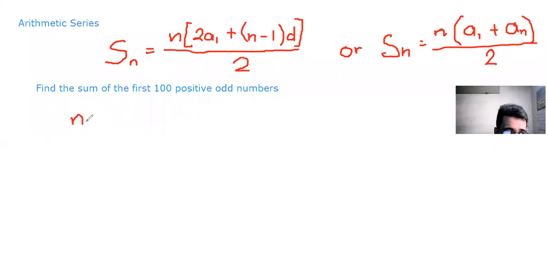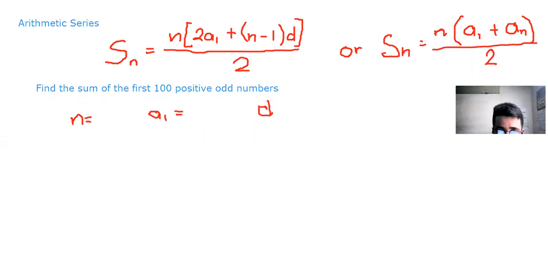Yung may value ng n. Kasi hindi pa natin alam what is the last term of this sequence. Hanggat di natin alam, hindi natin pwedeng gamitin yung pangalawa nating derived na formula. So, what is our n sa sequence na ito?